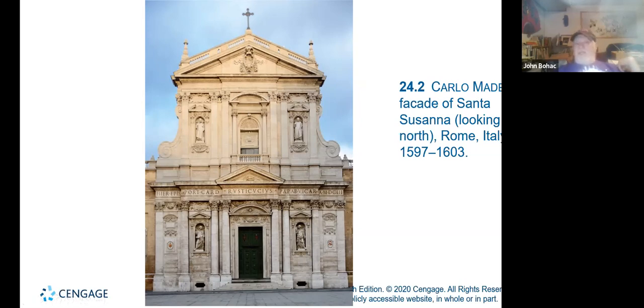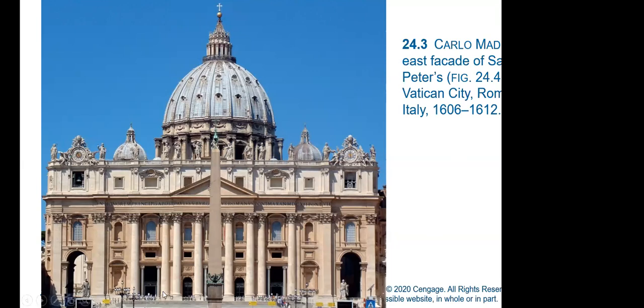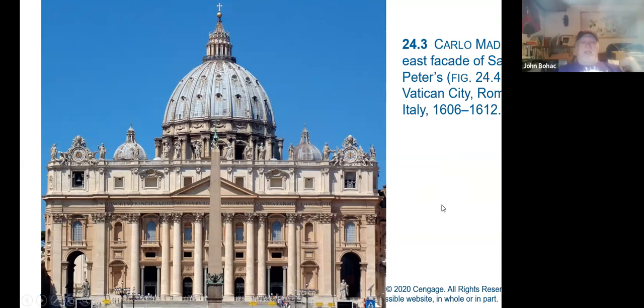And they move away from the austerity of the Renaissance, and they bring back some of the ornamentation, and they still have this nod to classical architecture. And up here, you see the symmetry.